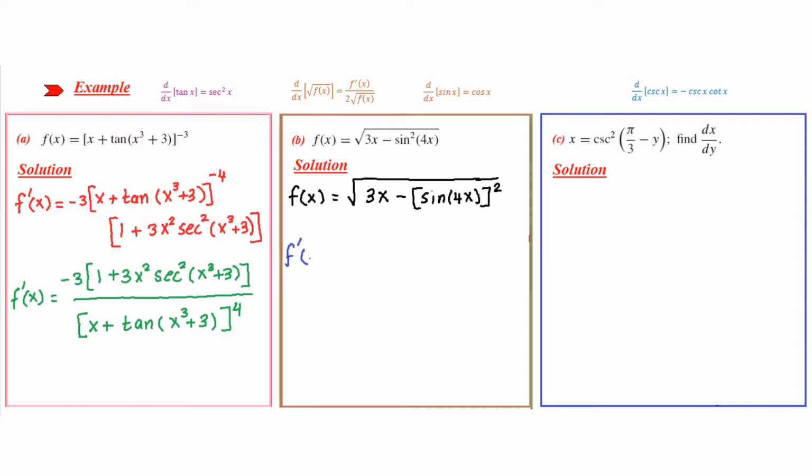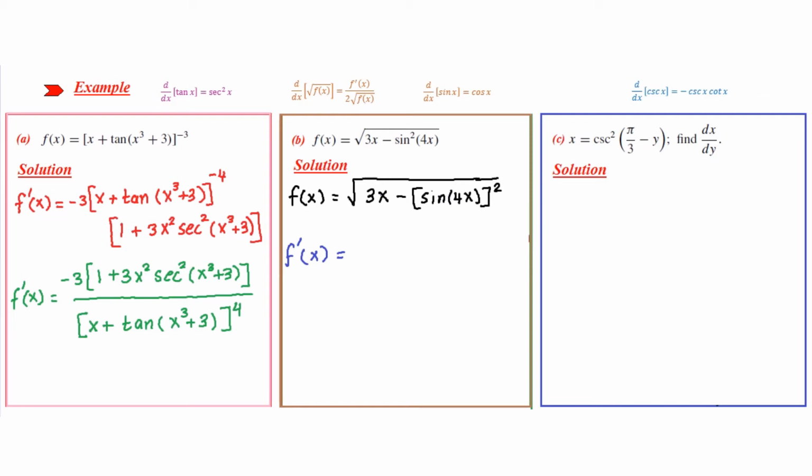F prime of x. For the square root, we have a rule which is easier than converting the radical to exponential form. So we have the function 3x minus sine 4x square. This is the inside function. You have to find the derivative of this function, then divide by 2, multiply by a radical of the same function.